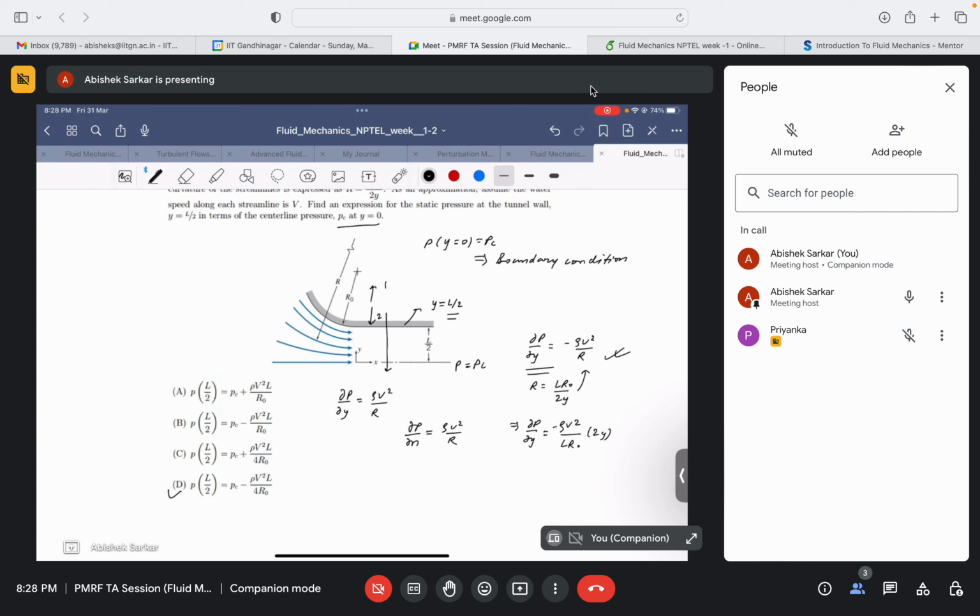okay, pressure distribution. See, the concept is right, but the way by which you have obtained the negative sign... sometimes it happens that your answer is right, but your approach to obtain the answer might be wrong.